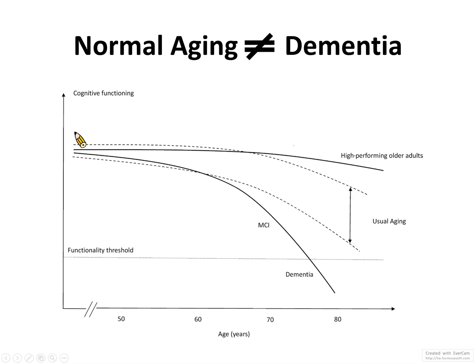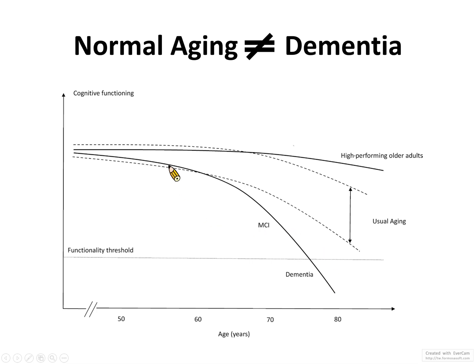For example, if we try to measure cognitive functioning from age 50 to older age, you will see a gradual decline in cognitive functions that is associated with normal aging, but that should be differentiated from pathological conditions such as mild cognitive impairment and dementia.